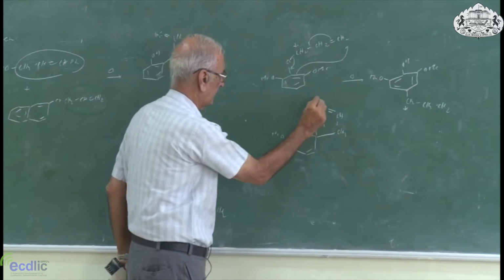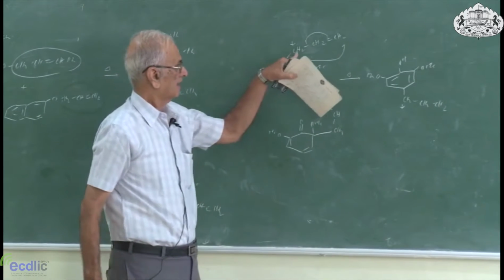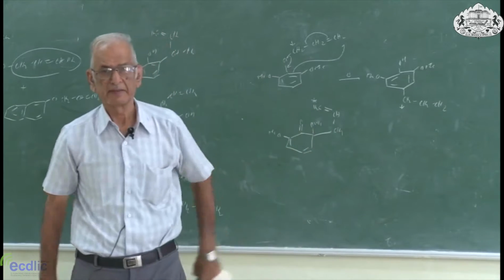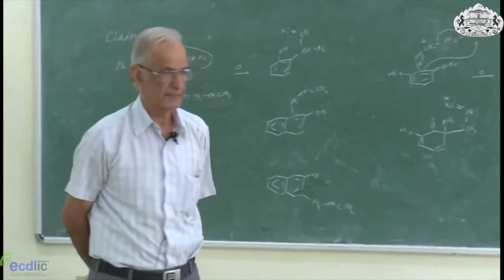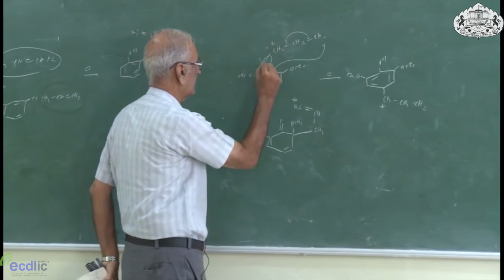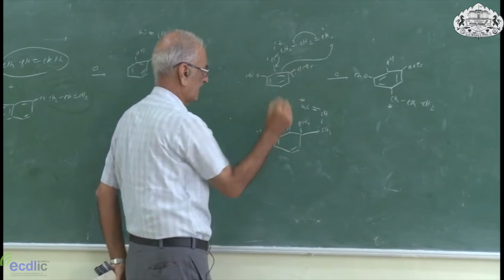The labeled carbon, which was initially an sp3 carbon, has shifted and become an sp2 carbon. We have broken the bond between 1 and 1 dashed. We have formed the bond between 3 and 3 dashed.